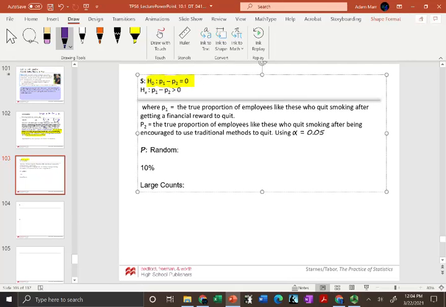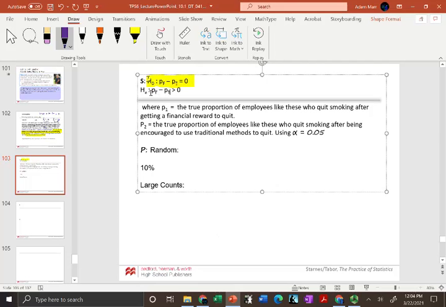It's up to you; if you wanted to use 1 and 2, that is just fine, but I find it easier to use subscripts so I know what I'm talking about. F is financial reward, T is traditional. I'll change this here also. That's financial and that's traditional, no problem. All right, there we go.